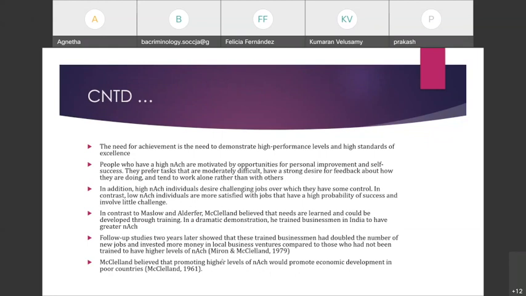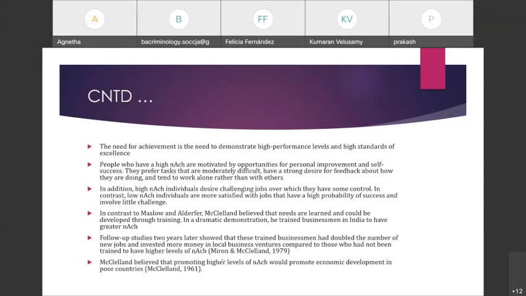Okay. After that, there were follow-up studies, and there was a study done on businessmen, trained businessmen. They were trained, and it was found that they created double the number of new jobs and invested more money in local business ventures compared to those who had not been trained. So two sets of people were studied: one set trained businessmen, one set non-trained businessmen.